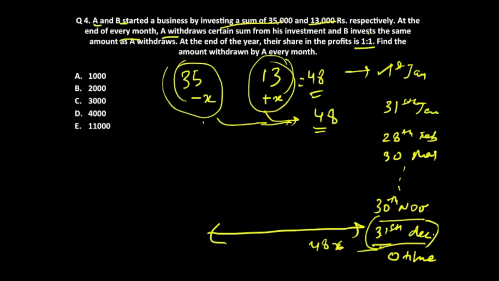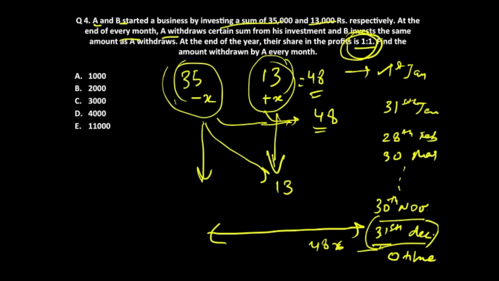And we also know that their profit is in the ratio of 1:1. So the amount invested for the entire year by A would be the same as the amount invested by B for the entire year. And that would become a reality only if 35 minus X, this particular equation, at the end of the 11th transaction would become the same as what B's value was at the start of the year.